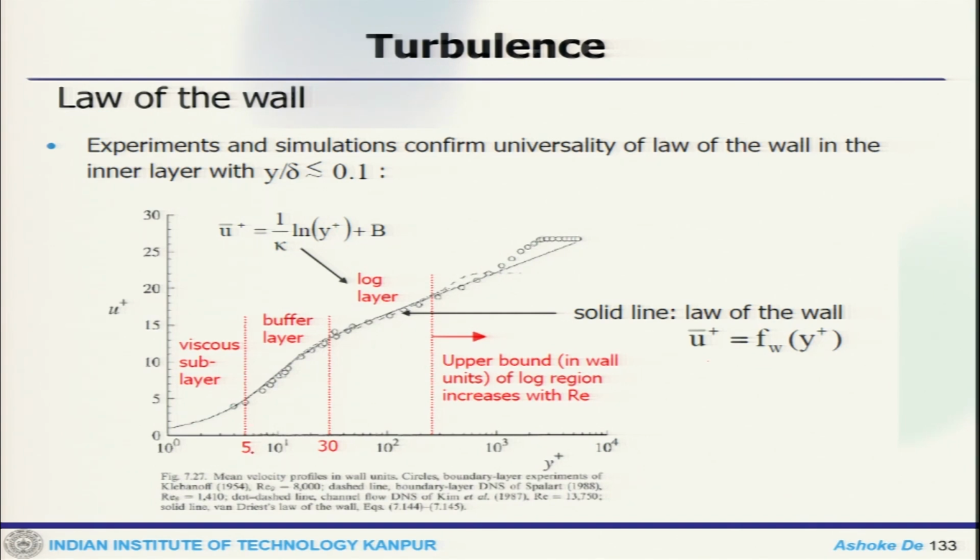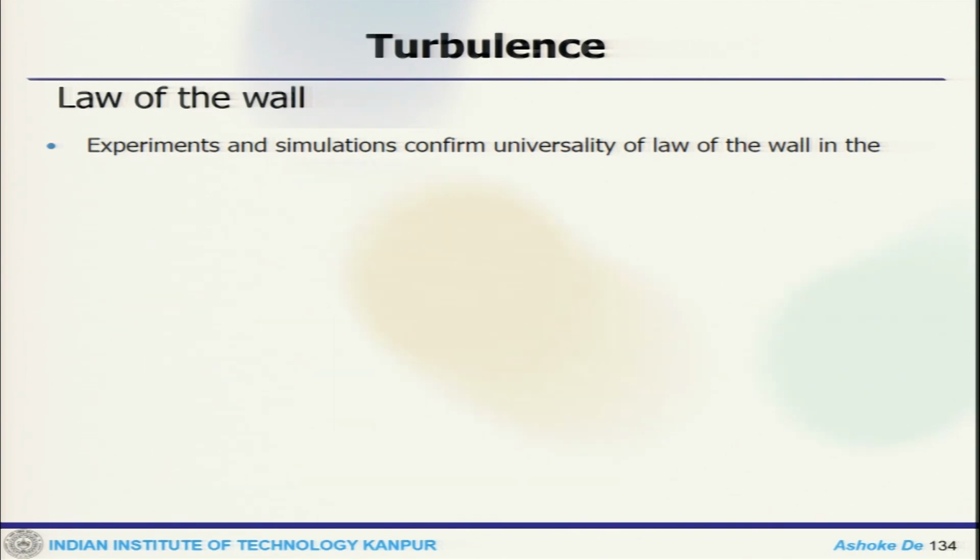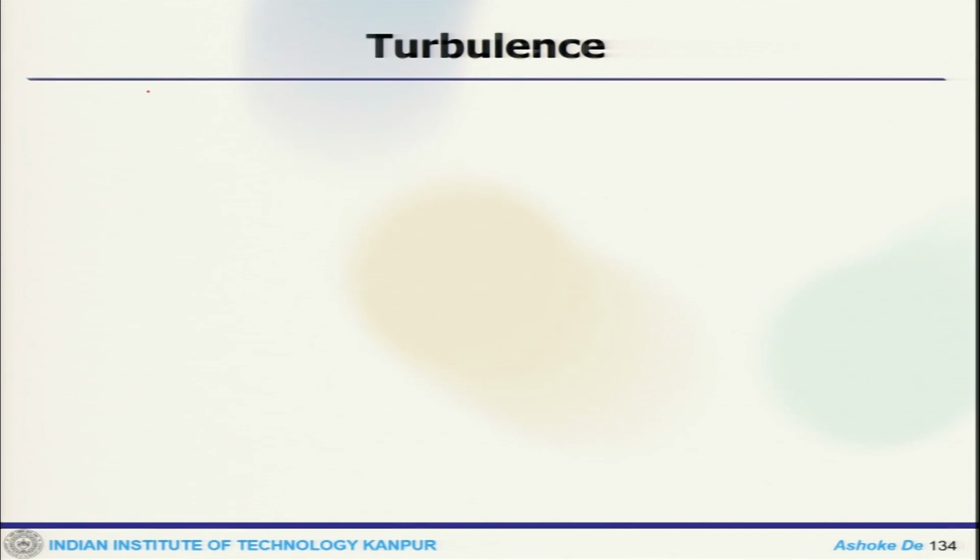This particular zone where y plus is less than about 5 is the viscous sublayer, then 5 to 30 is the buffer layer, then 30 to somewhere above 100 is the log layer, where it follows this log profile, and this is the upper bound of the log region, which increases with x.